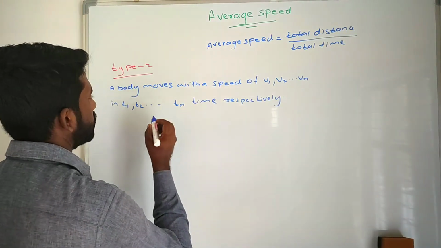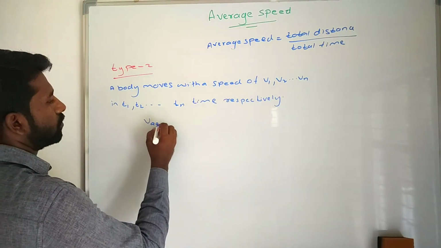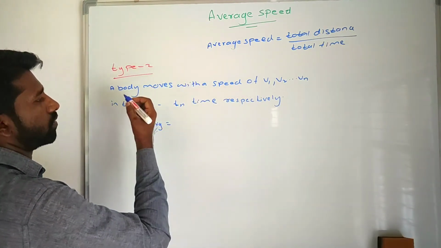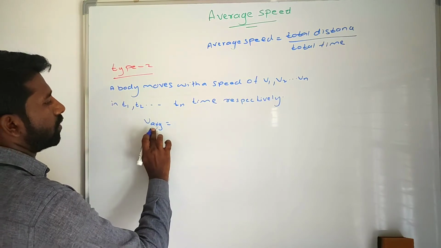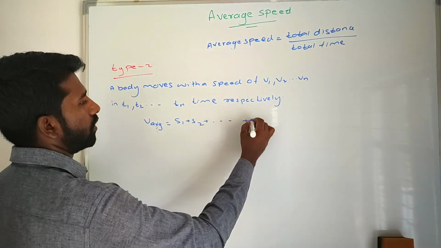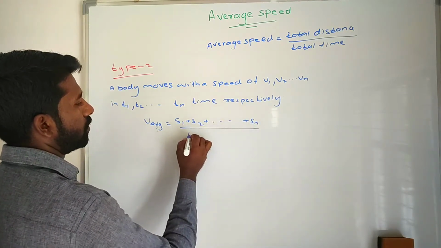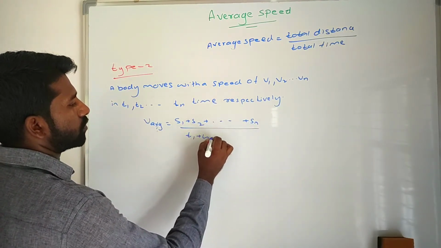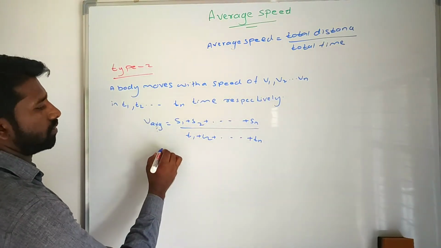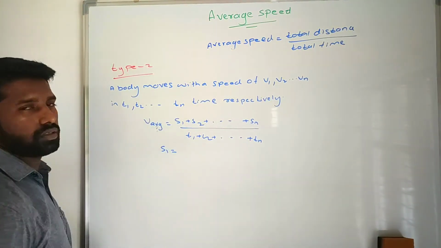V average is equal to total distance divided by total time. Total distance is S1 plus S2 up to Sn, divided by total time T1 plus T2 up to Tn.